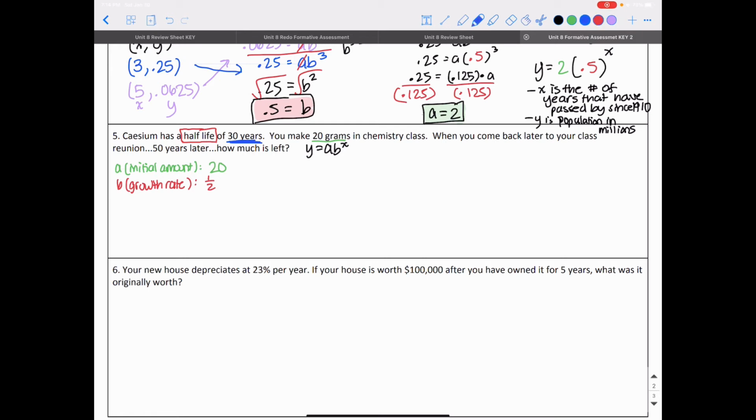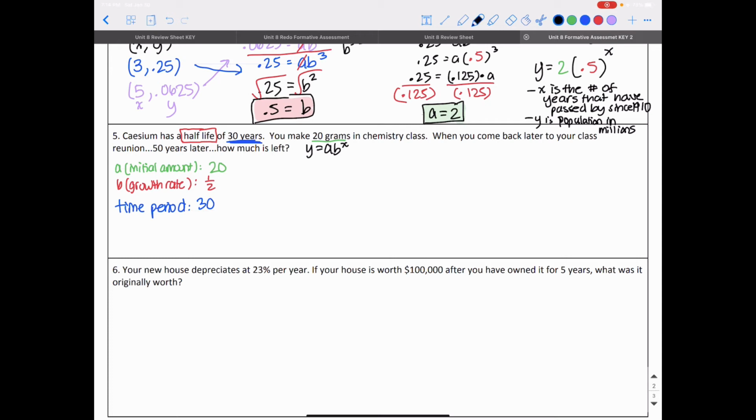The other thing that I have to keep in mind is this is the time period. So this is how long a time period is. This is how many years before that growth rate is applied, or every 30 years that growth rate is applied. So I need to keep in mind that the time period is actually 30 years.